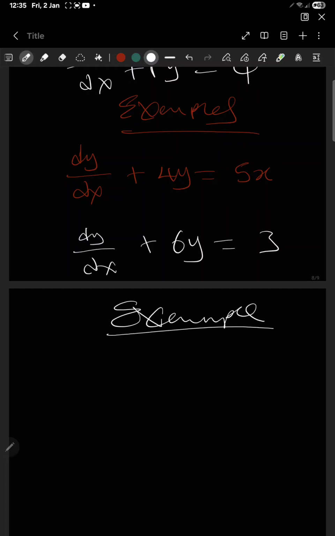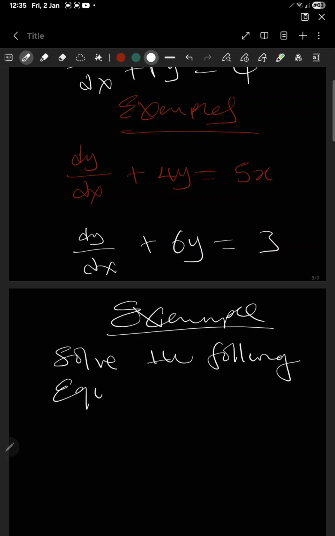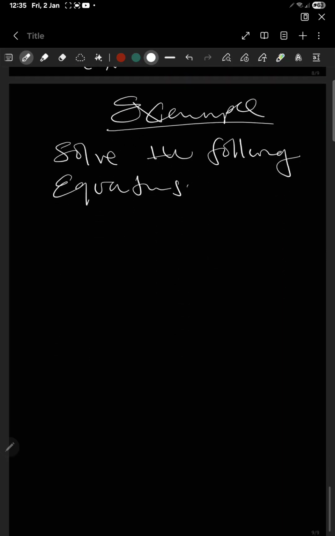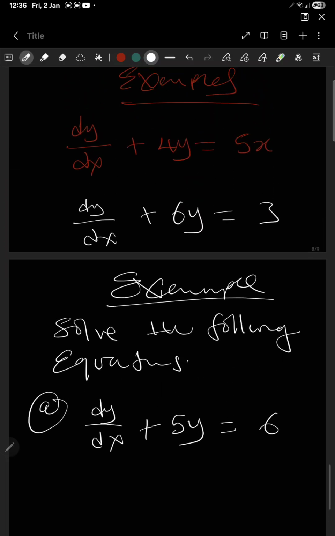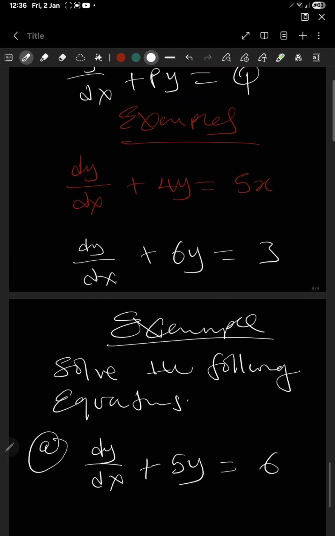Example number one: solve the following equations. A: dy/dx + 5y = 6. This type of differential equation is a linear differential equation because it is written in those forms that I've written on top there.